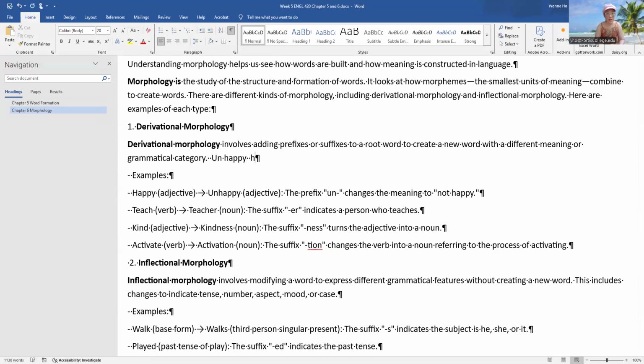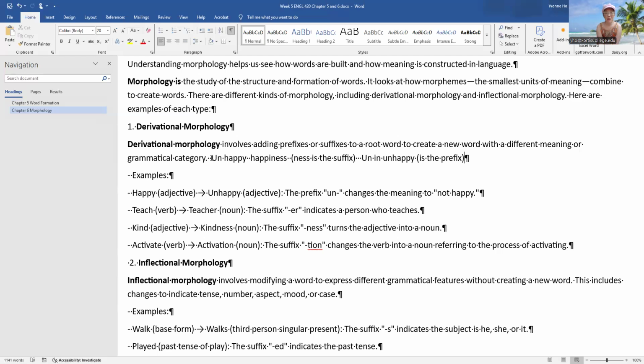If I say happiness, ness is the suffix, and the un in unhappy is the prefix. That's called derivational morphology, when you add prefixes and suffixes to words.